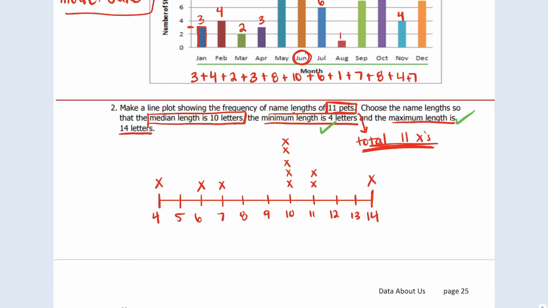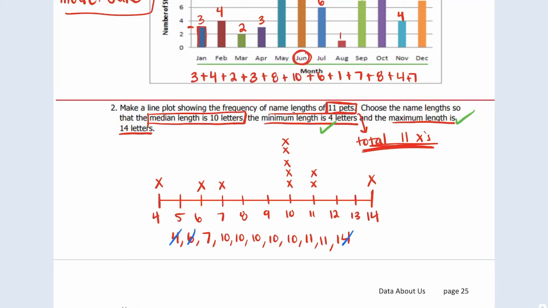Okay, and the way we're going to check to make sure that our median length is 10 letters is we're going to write out our data set. So I have 1 4, no 5s, I have 1 6, I have 1 7, I have 5 10s, 1, 2, 3, 4, 5. I have 2 11s, 1, 2, and then I have 1 14. Okay, now I'm going to determine what my median is.